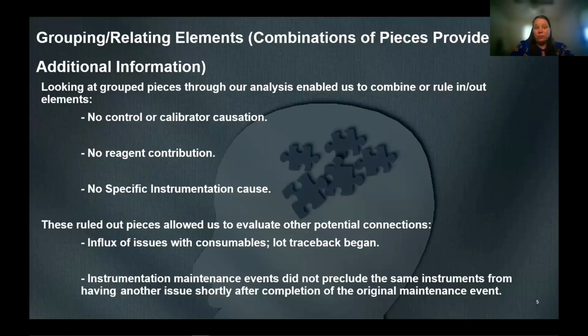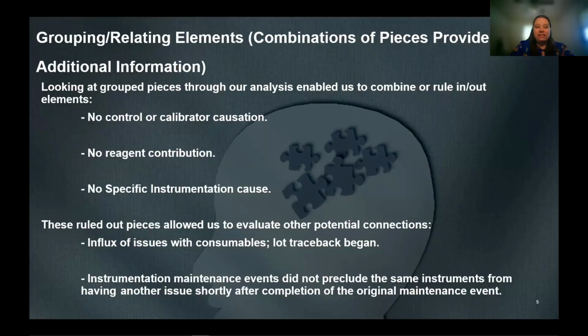Once these pieces were ruled out, we were allowed to evaluate other potential connections, such as an influx of issues with consumables that we had noted in other investigations. And therefore, it allowed us to begin things like lot traceback to understand where used.